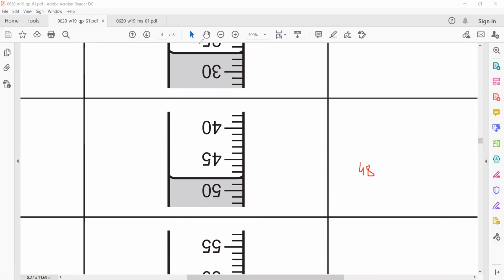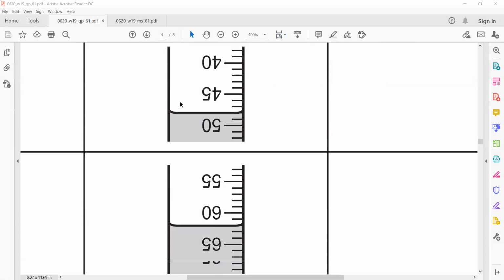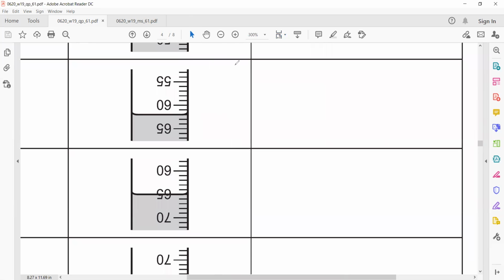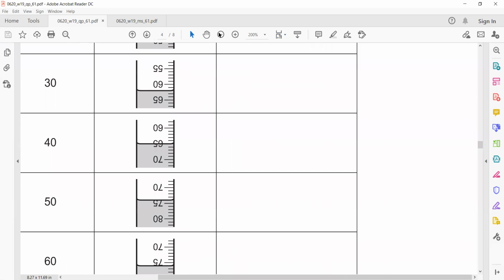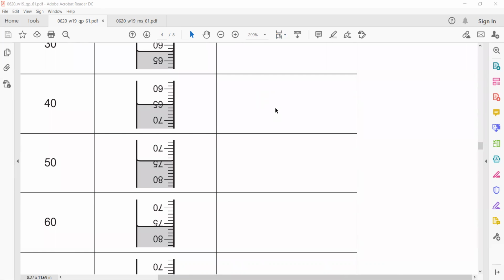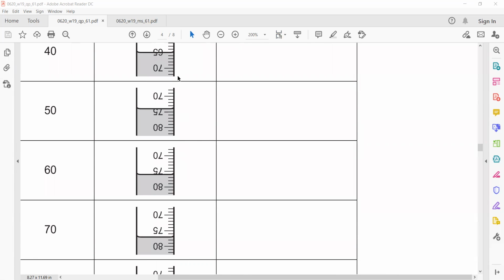So it will be 48. Then 62. Then 65. And 76.